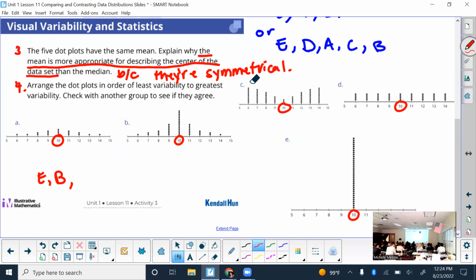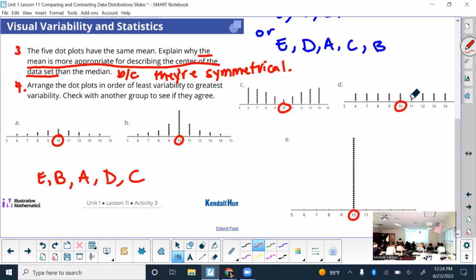I would argue that C is the most spread out because it has lots on each end. So what would be the next least spread out one? A, I would agree. Then D, and then last but not least, C. A again has a little bit more in the middle compared to B and C, and then very few on the ends.